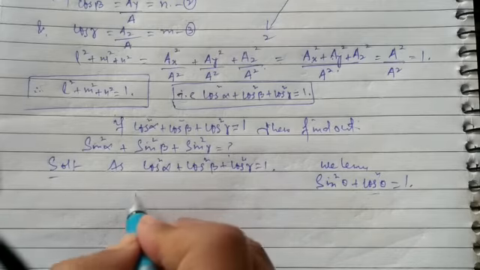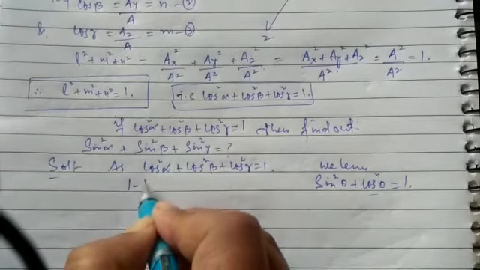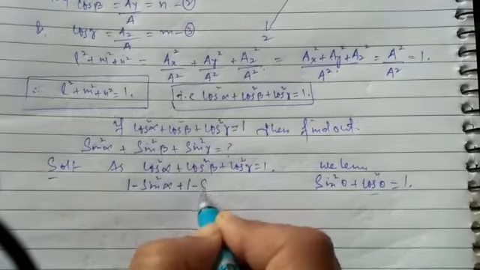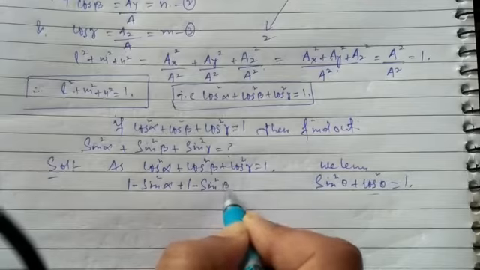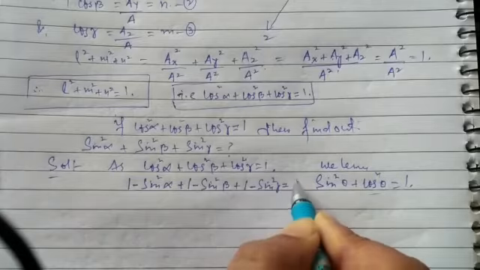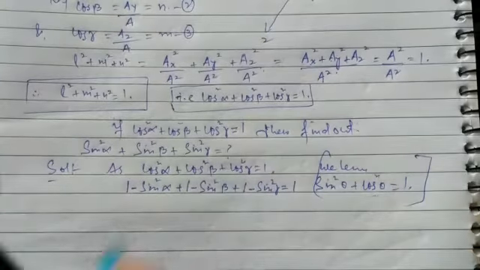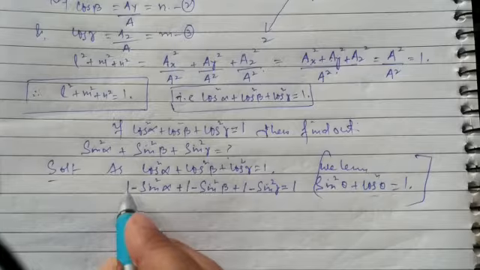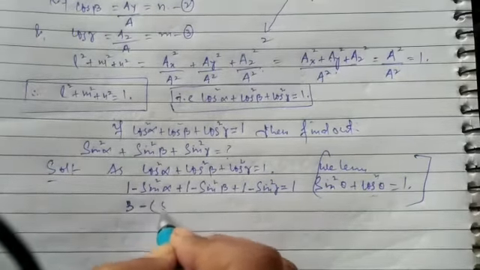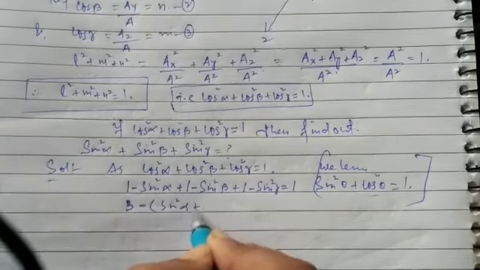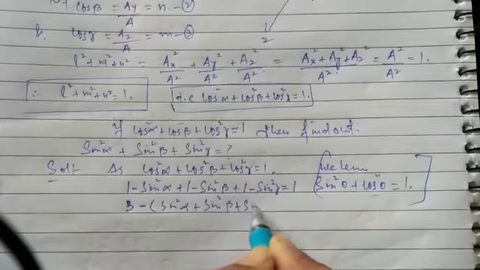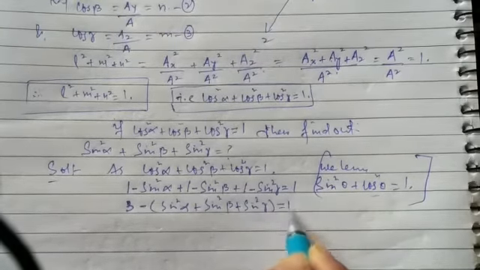So instead of cos square alpha, I can place 1 minus sin square alpha, plus 1 minus sin square beta, plus 1 minus sin square gamma, equals what? Now it will be 1 1 1, that is 3, and minus sin square alpha plus sin square beta plus sin square gamma equals 1.